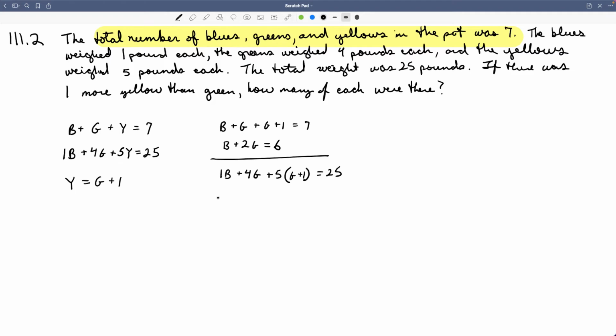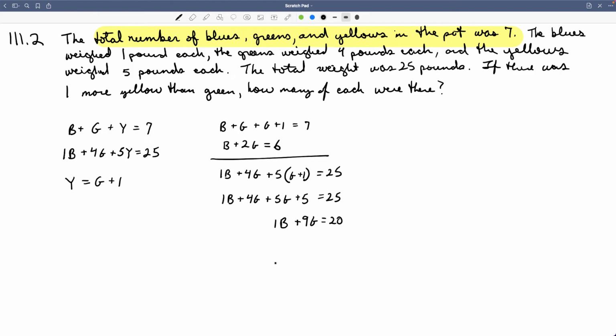So now I have 1 times b plus 4 times g plus 5 times g plus 5 is equal to 25. So I can combine that and say 1 times b plus 9 times g is equal to 20 because I subtracted this 5 from both sides.